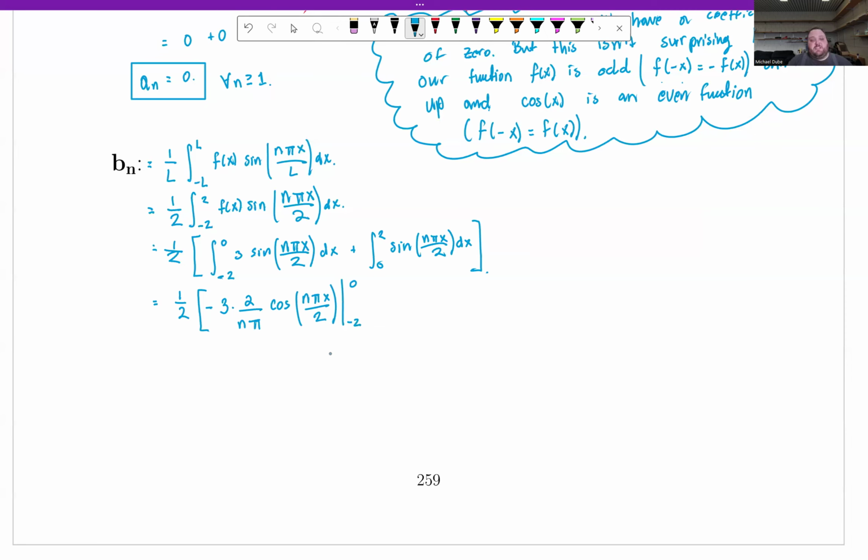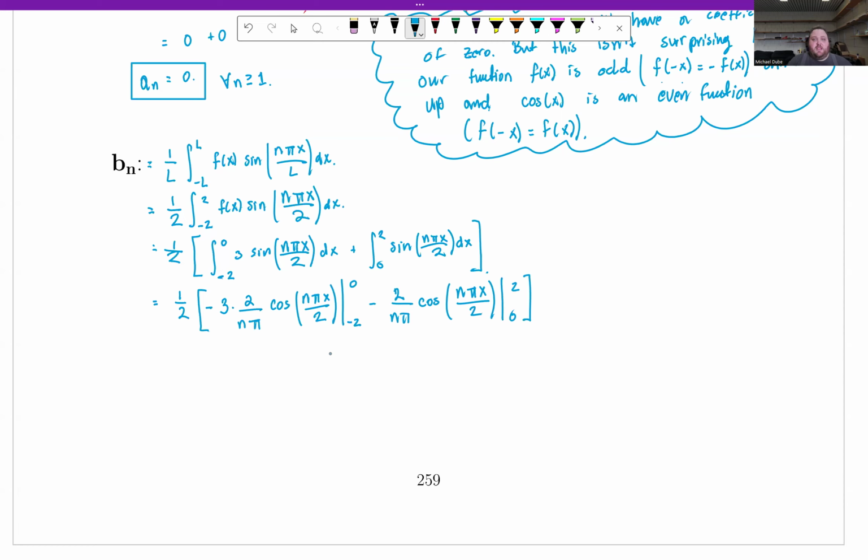Okay, so the difference is we bring a negative in because we're taking the integral of sine instead of cos, and the rest of it remains the same. And then this will be minus, okay? This will be 2 over n pi cos of n pi x over 2, evaluated from 0 to 2, close bracket here.